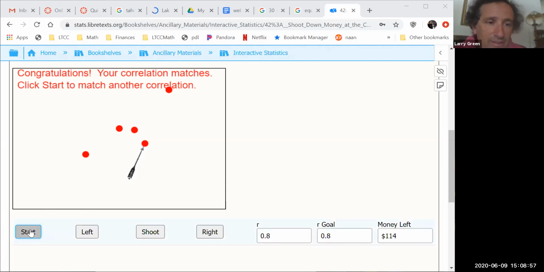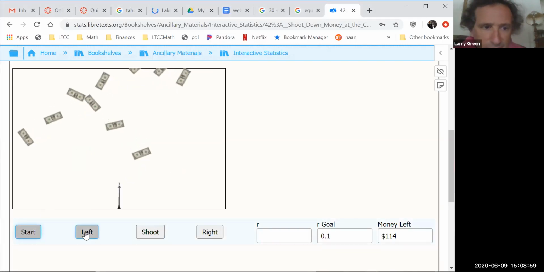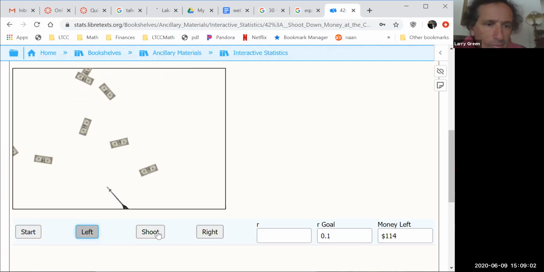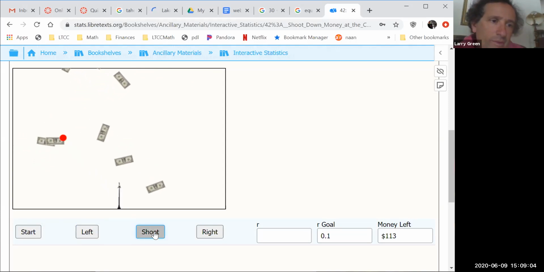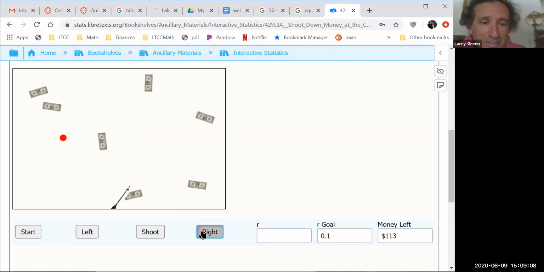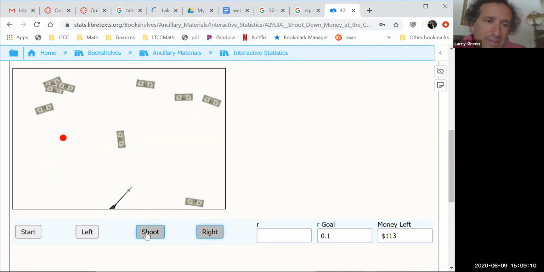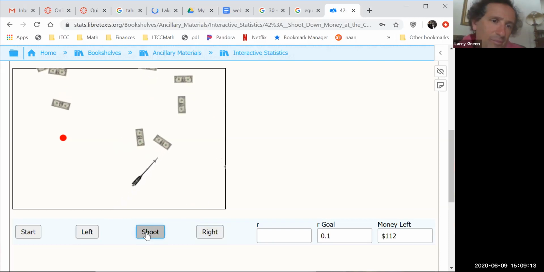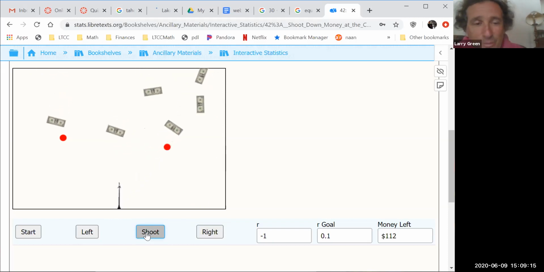Okay, so let's hit start again. I've got to hit a bunch. Two's not enough. Two's never interesting. Okay, so my slope is -1.